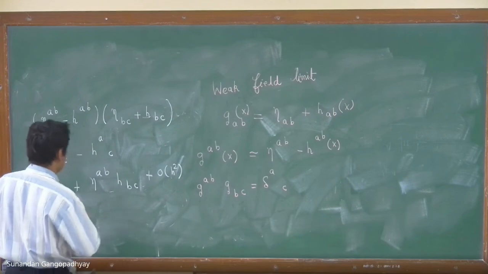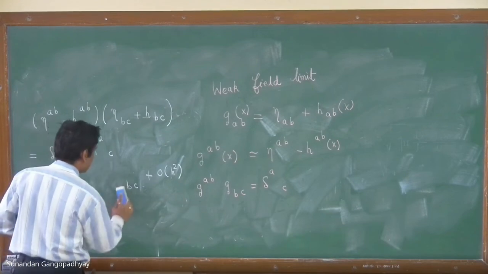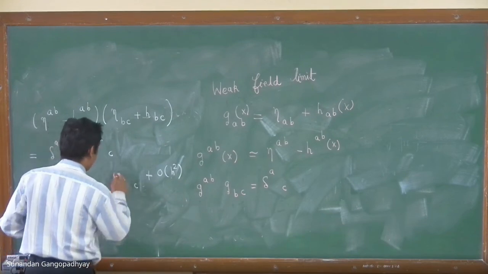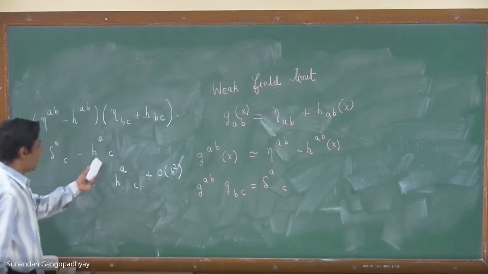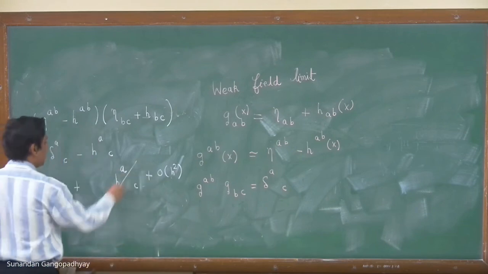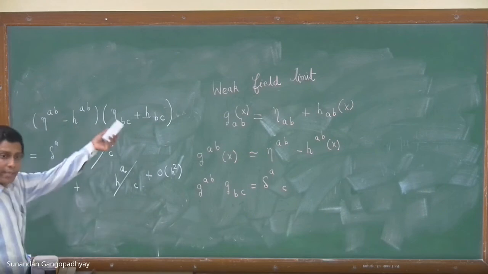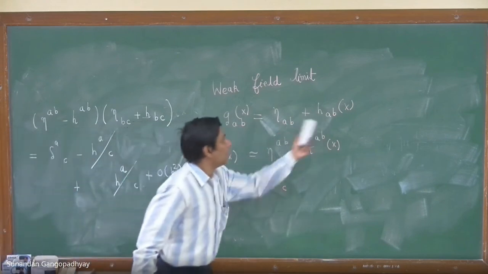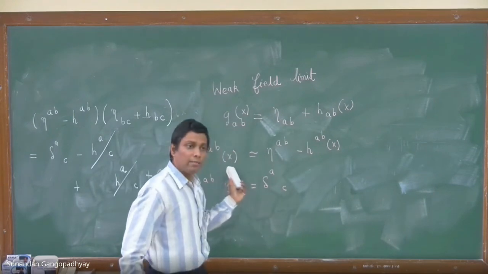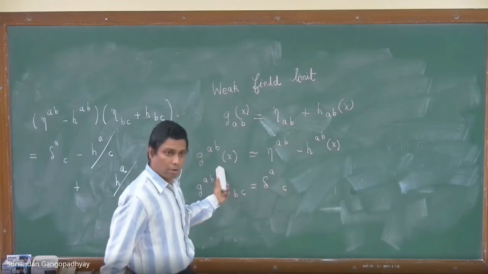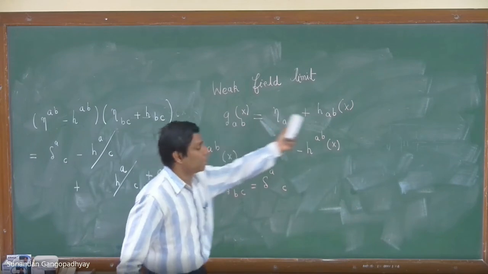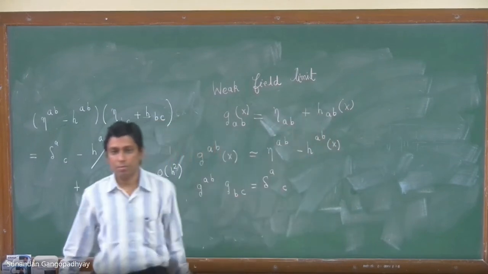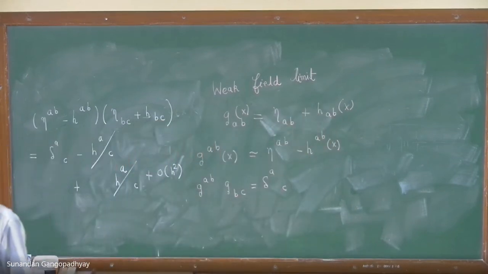Similarly here, we raise it, H_AC, this cancels. Therefore, to order H, this is equal to this. Therefore, this is indeed the inverse. G contravariant AB is indeed the inverse of G covariant AB. Okay, good.